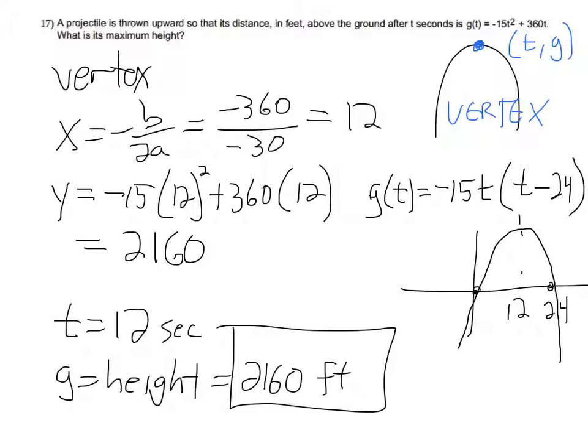And then the third way, if you have lots of extra time on your hands, you can complete the square. And when you're done completing the square, you'll have that form. And in that form, it's very nice because you can see what makes t minus 12 zero is 12, and the y value is 2160, and you can get your vertex very quickly.